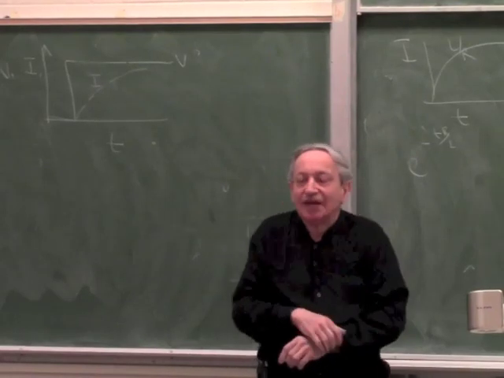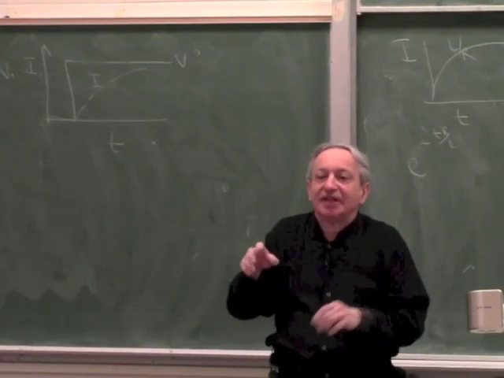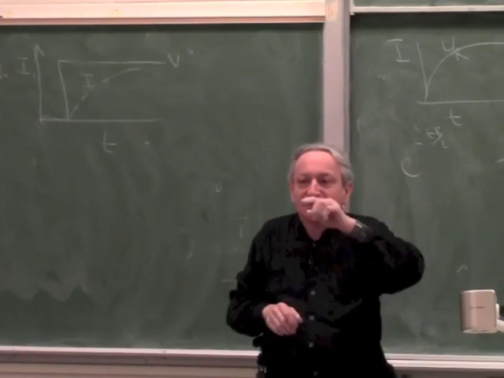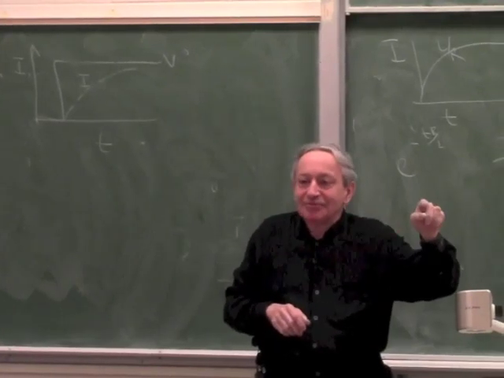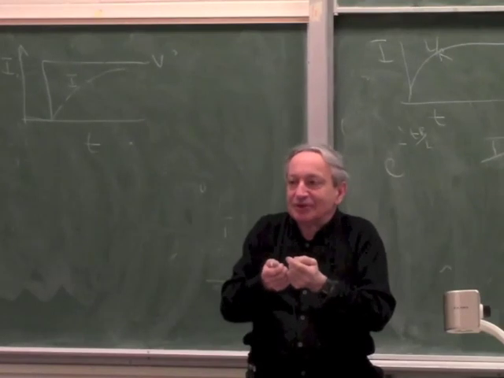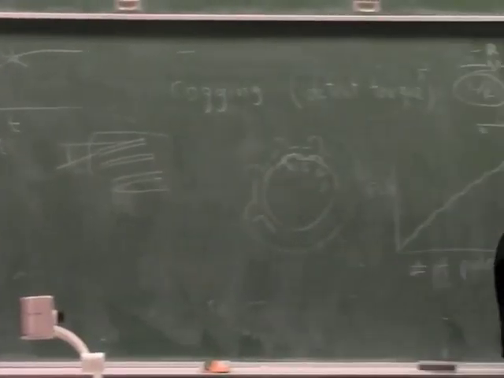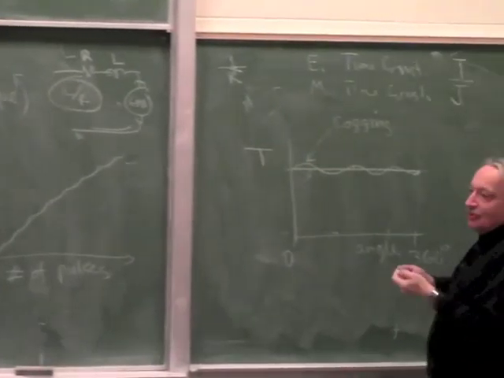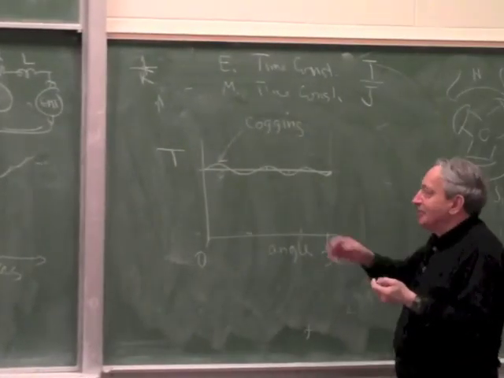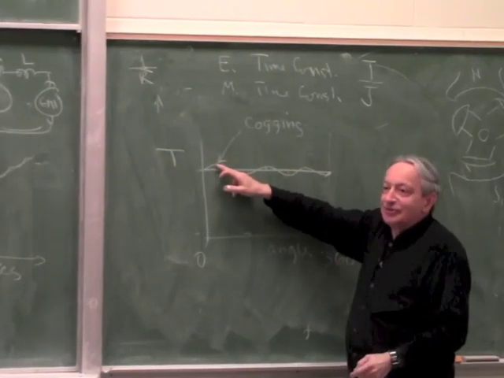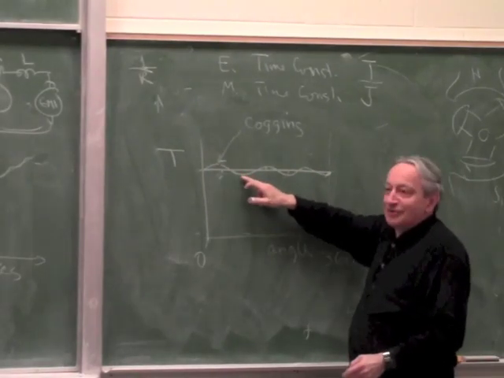Because say you run a motor at a constant speed against a constant torque, because of the cogging there will be minute speed fluctuations. Let's say you're holding the motor back at a constant torque, but if there is cogging, what will happen is the speed will fluctuate. Because at some point it has a bit more torque, and at some point it has a bit less torque.